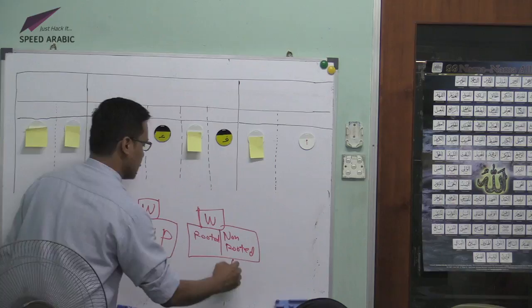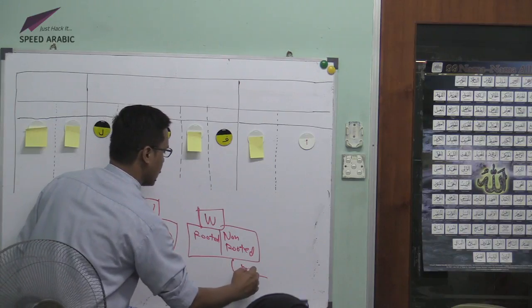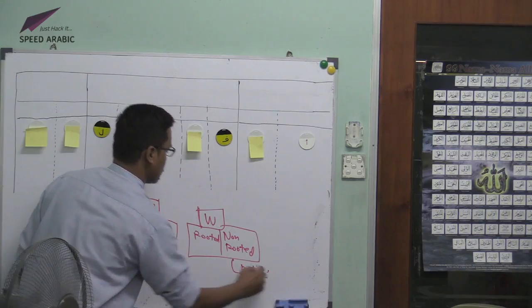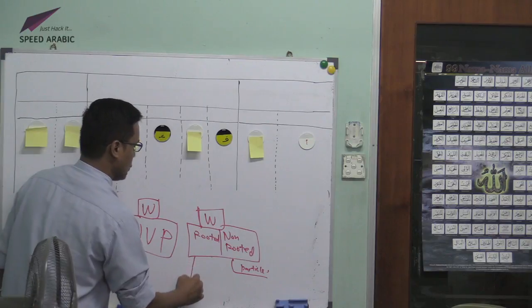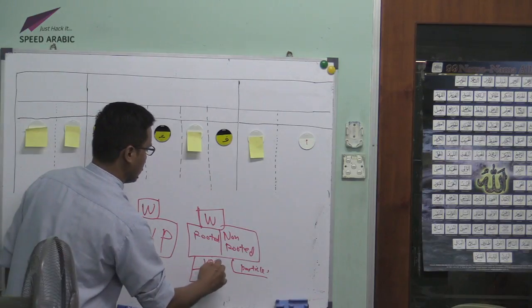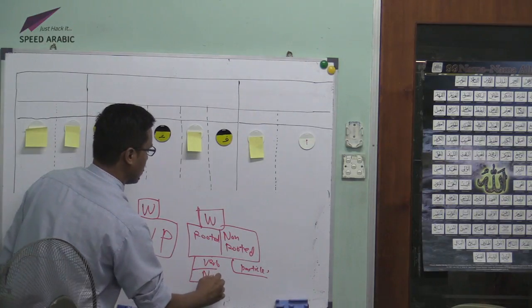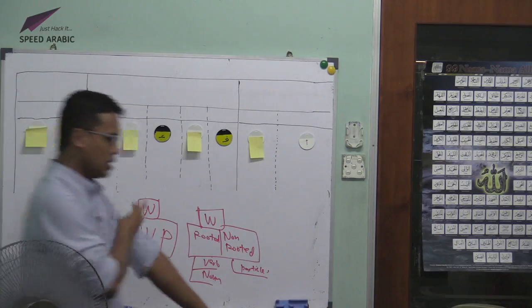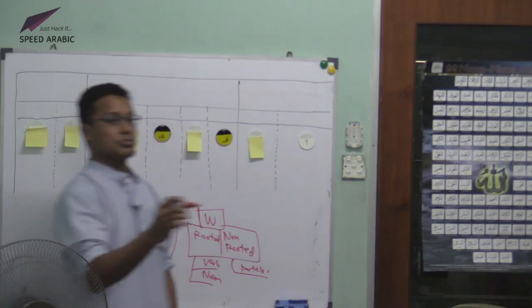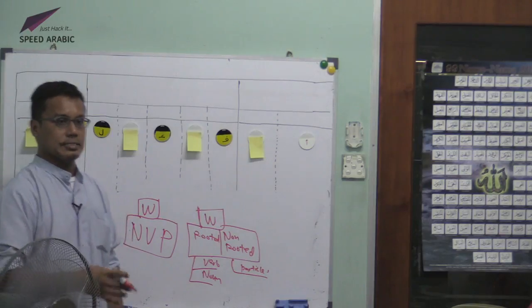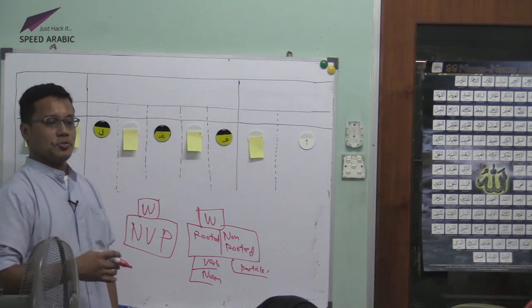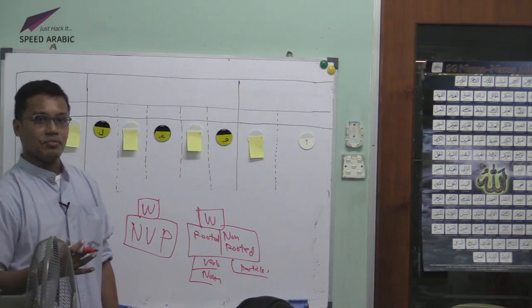They are particles. And what are the rooted words? Verb and noun. Now I'm going to introduce to you another categorization, to make you understand more, not to make you confused.